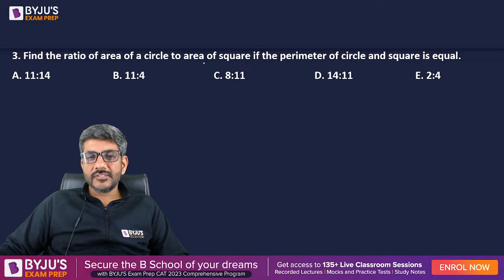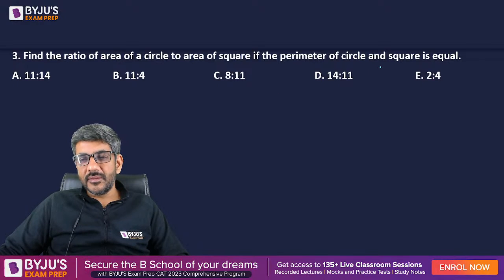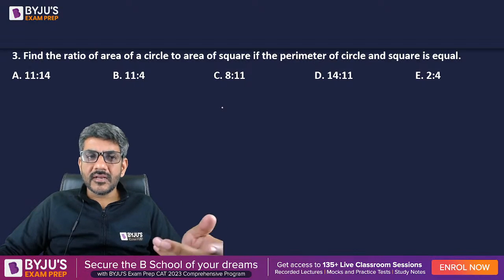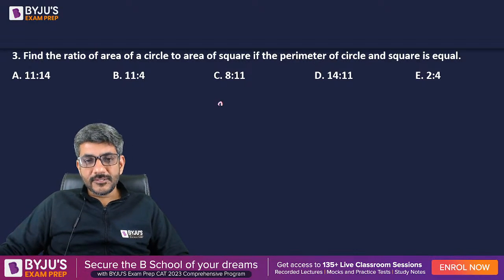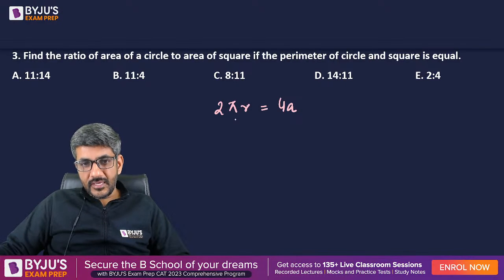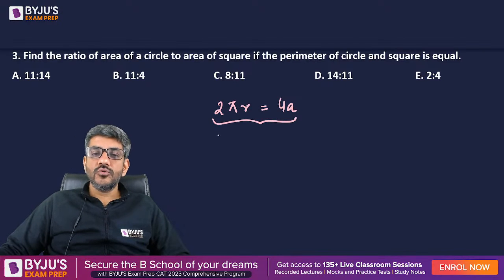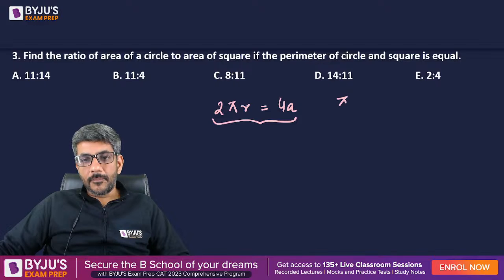Ratio of the area of a circle to the area of a square if perimeter of the circle and square is equal. So what is perimeter of a circle? Circle का perimeter नहीं, circumference होता है. It is 2 into pi into r, and perimeter of a square, that is equal to 4a. If they are equal, I would say 2 pi r is equal to 4a, or pi into r is equal to 2a.